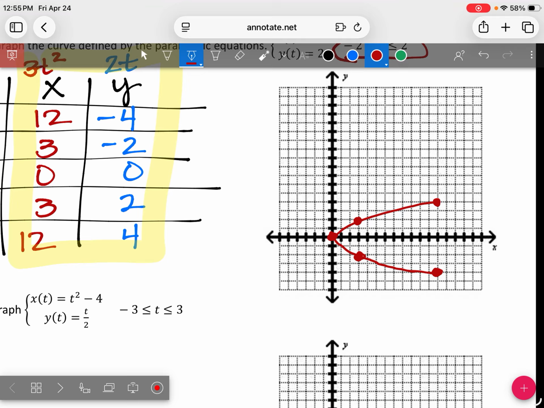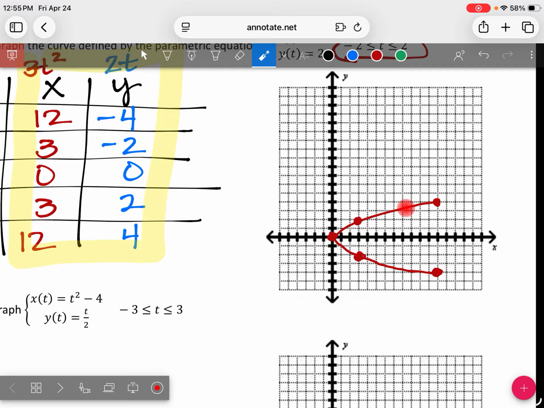Now, when you graph this, you do not add arrows on the ends, okay? It starts here and it ends here. That's number one. Second thing, I don't know the direction of the curve unless I add arrows.